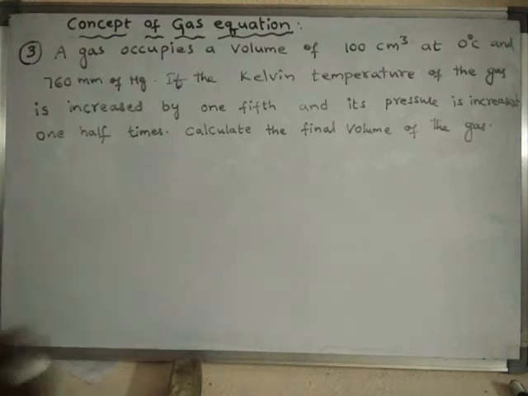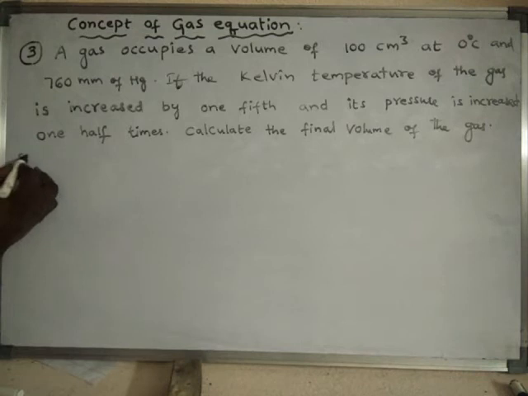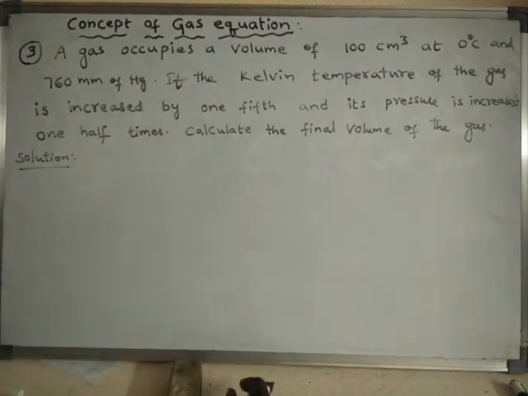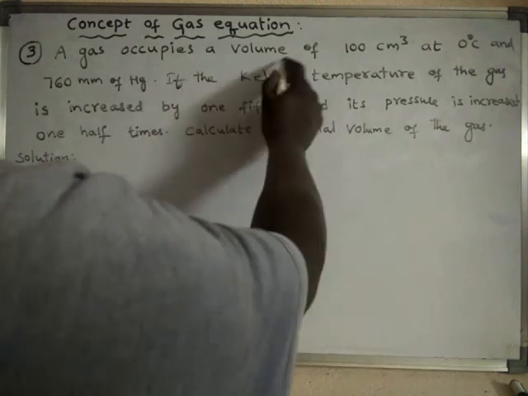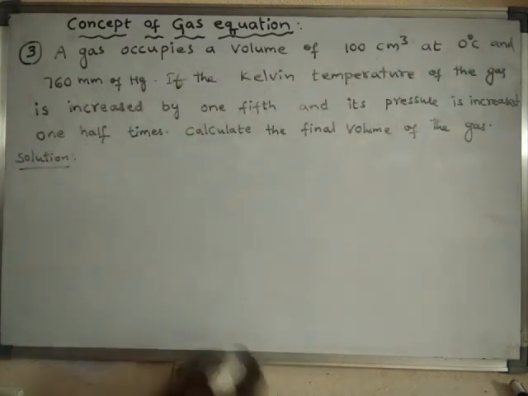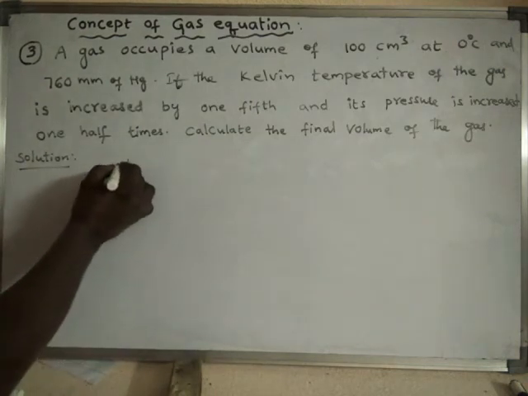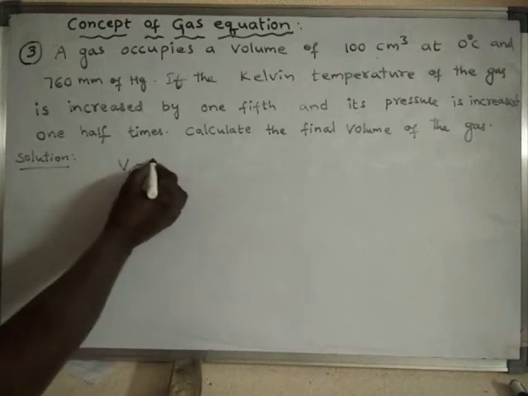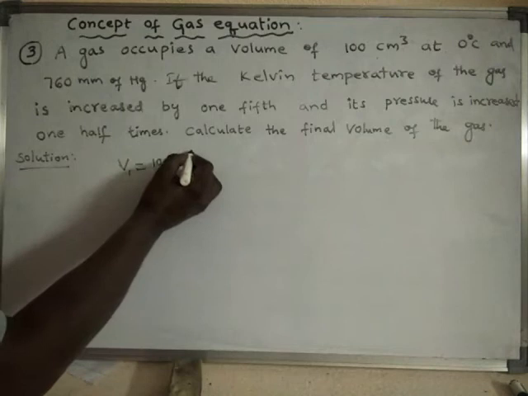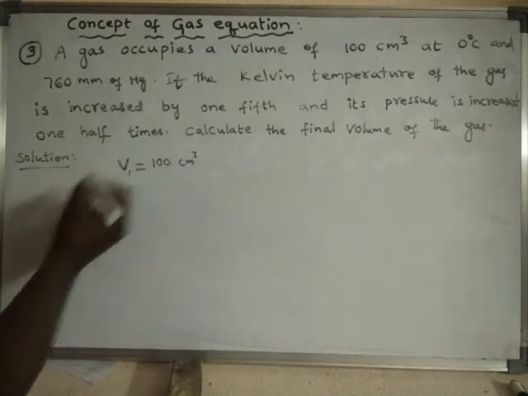So how to solve such a question? What is the given data? First we will see, the initial volume, initial temperature and initial pressure are given. What is the initial volume, V1? 100 centimeter cube is the initial volume.